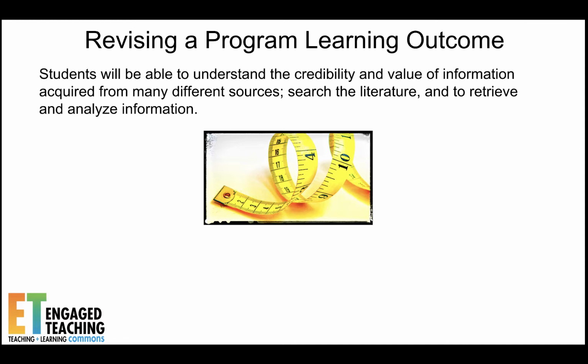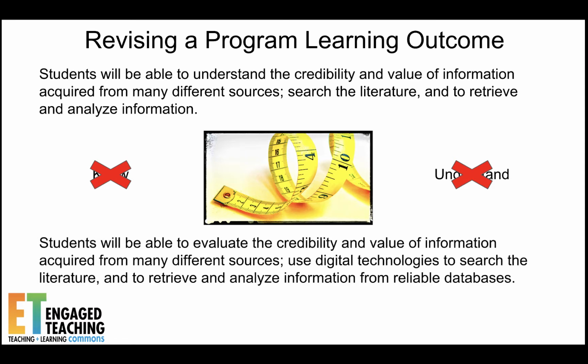To improve this program learning outcome, we can make it easier to measure. Words such as understand, know, or appreciate make poor choices for learning outcomes. They are not concrete and very difficult to observe and to measure.